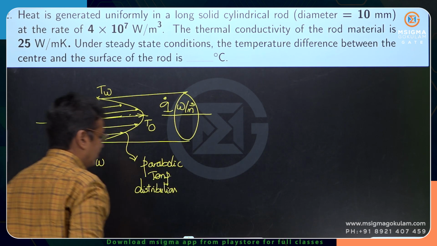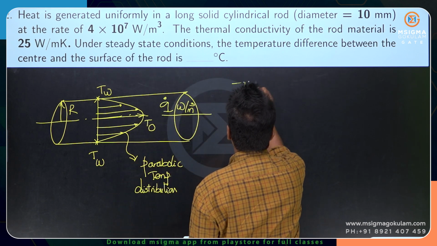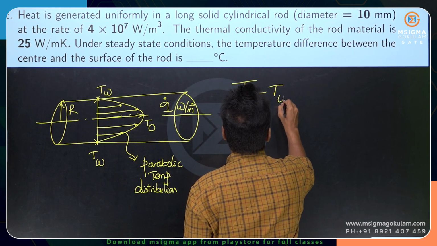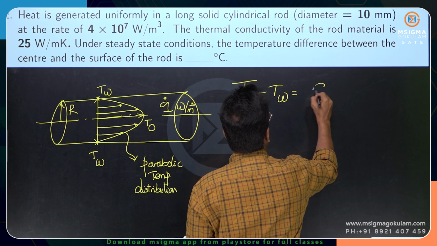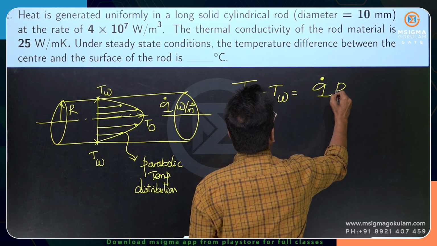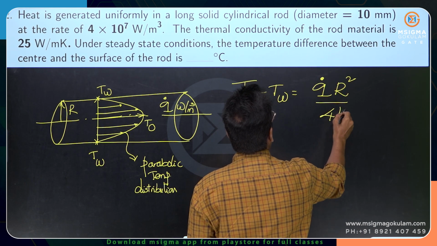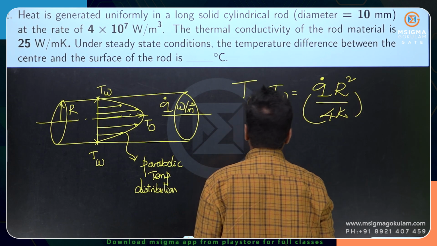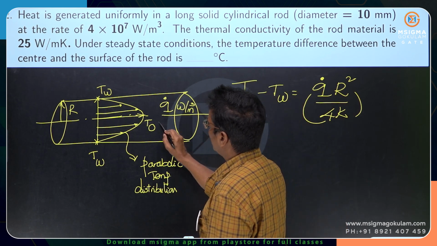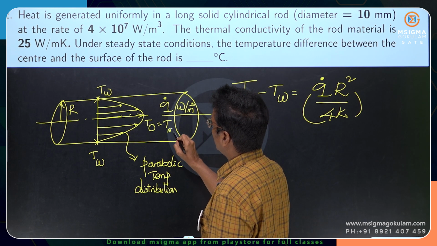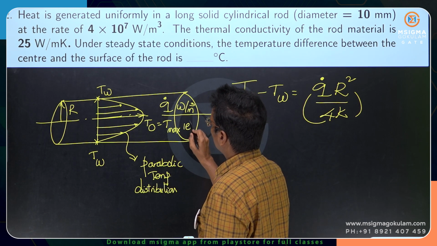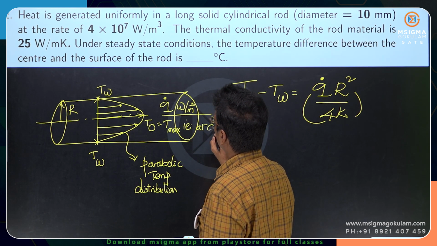If you take T naught minus TW, the temperature difference between the axis and the surface will be Q dot R square by 4K, where K is the thermal conductivity. T naught is the maximum temperature, that is, at the axis of the rod.